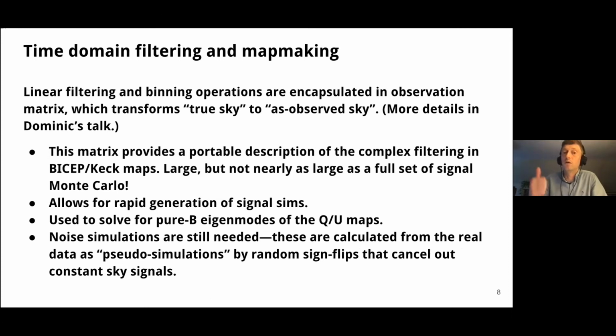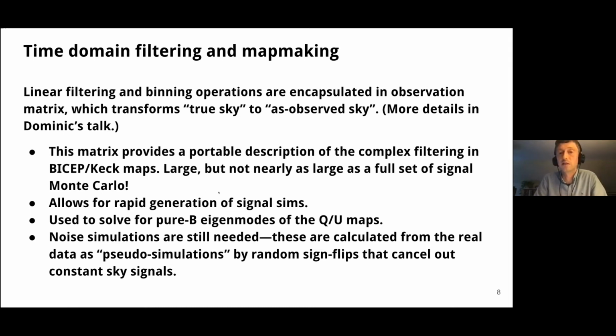And so when we're talking about potential joint analysis of BICEP maps, this is a really nice portable description of all the complicated filtering that goes into our map. If we give you one of our maps, having that map by itself is very difficult to analyze because you need to know about all this non-isotropic filtering and so on.